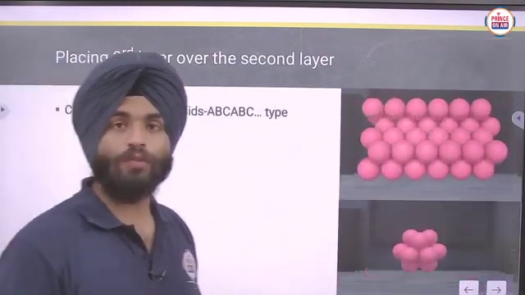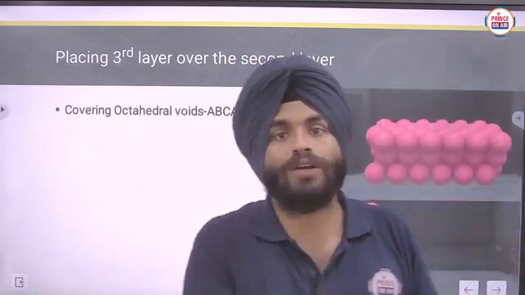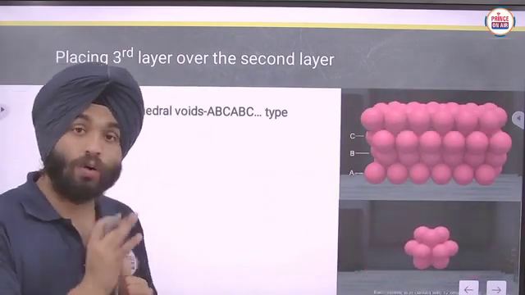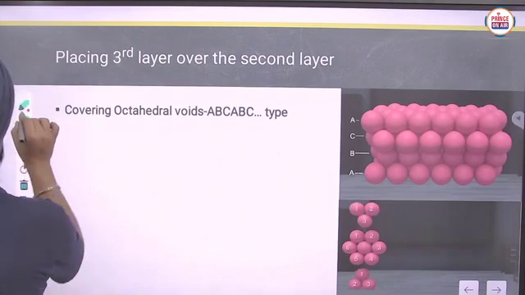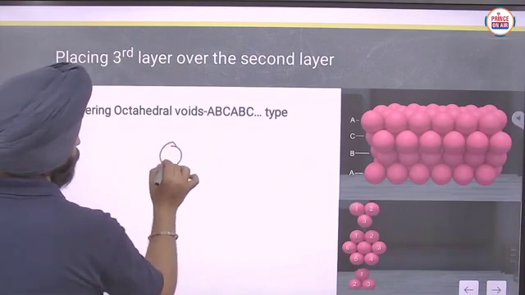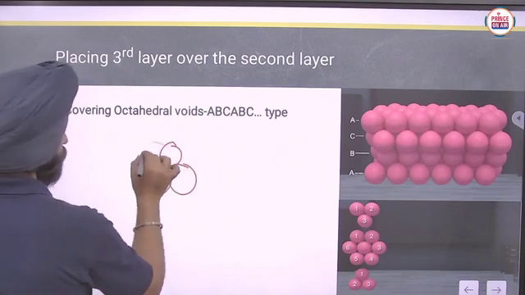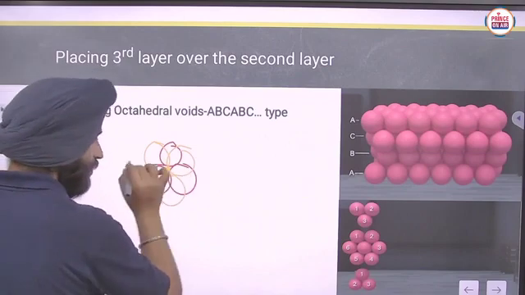Now we have to place the third layer over the second layer by covering the octahedral voids. What are the octahedral voids? See the octahedral voids that I have shown to you, this type of void, where the empty space is there.